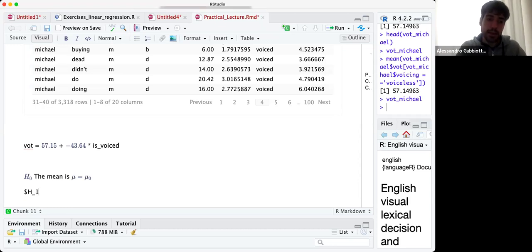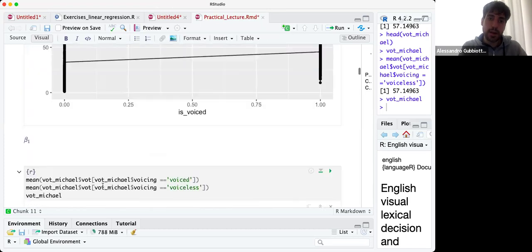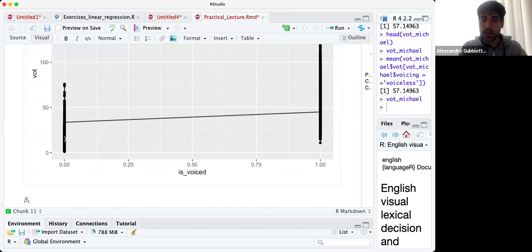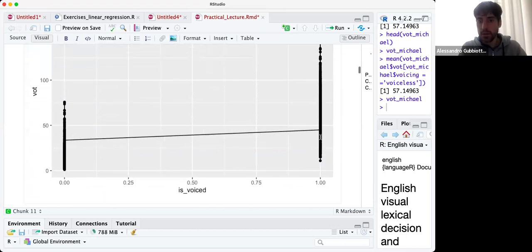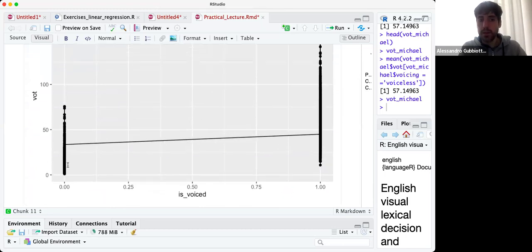The alternative hypothesis is that mu is different from mu zero. What we are doing here is very similar, but now we are comparing the mean of two groups, not the mean of a group with some guess: the first column and the second column.